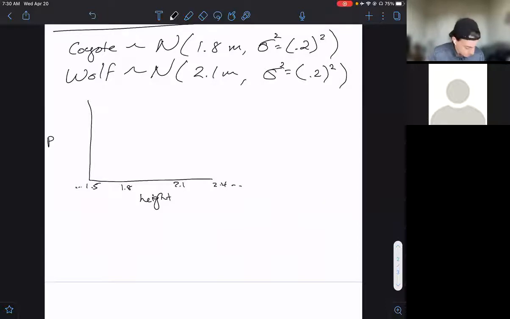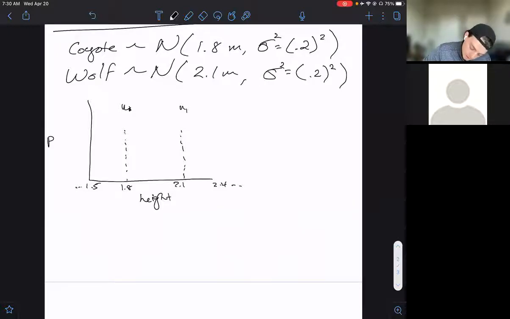And so, as before, I know that I've got a mu at the top of the bell curve. I know I've got a second mu on the other one where that represents the wolf.